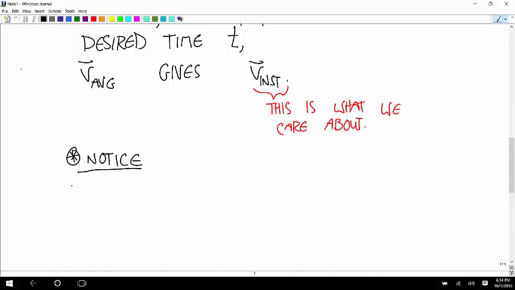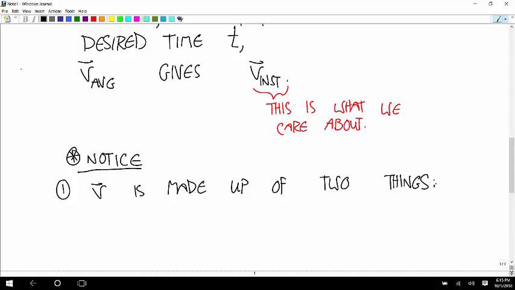So first, the velocity vector is made up of two things. All vectors can be broken down into a magnitude and a direction.